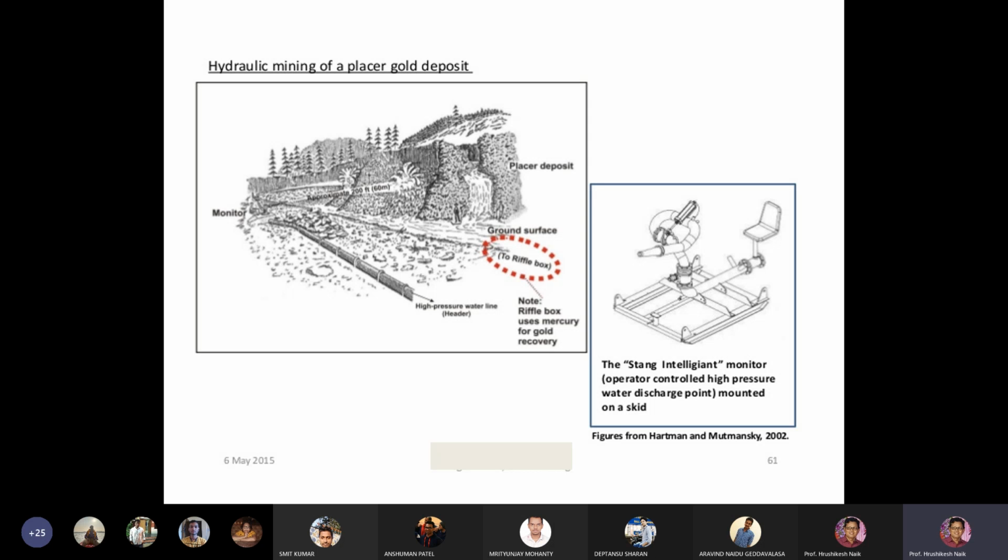This is the riffle box, which uses mercury for gold recovery. This is the tank. This one is the monitor, the high water pressure monitor. The operator controls the high pressure water discharge point mounted on a skid.